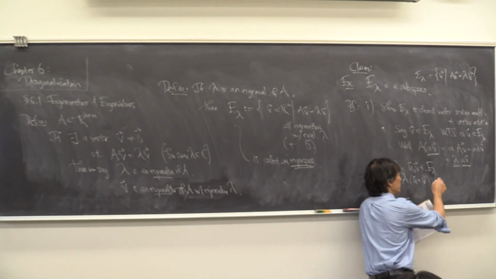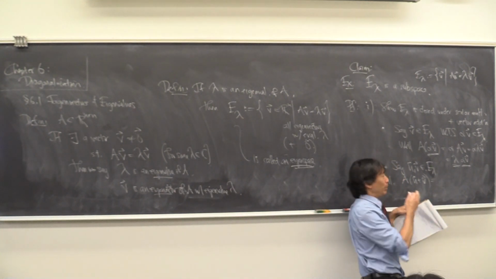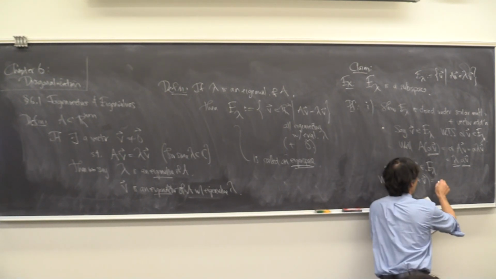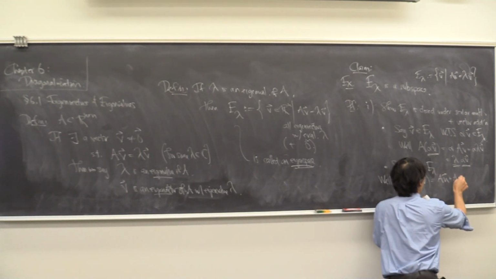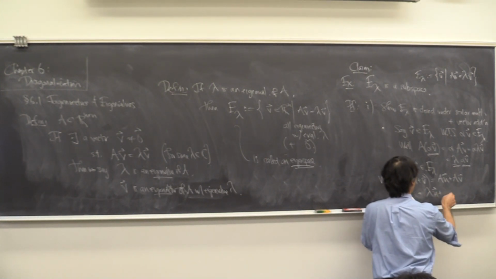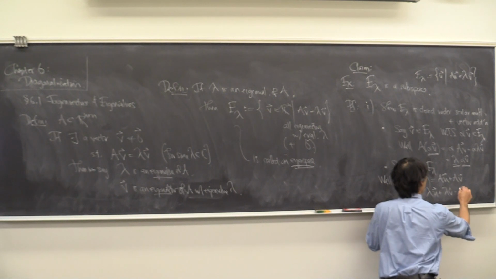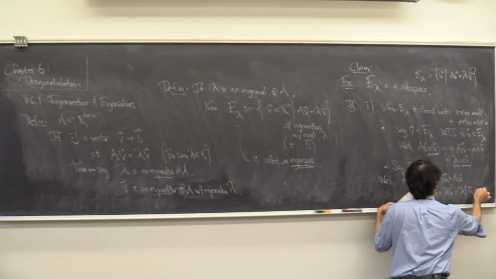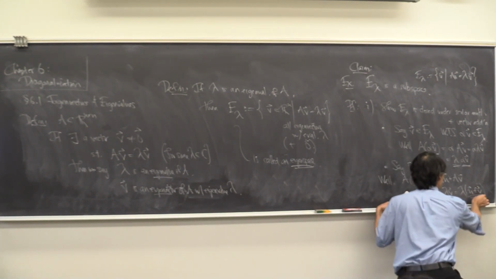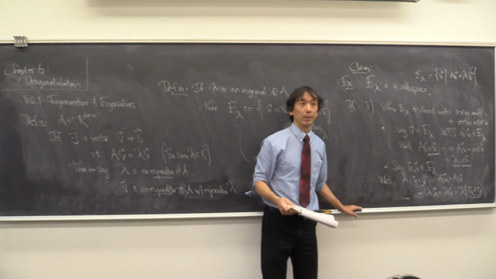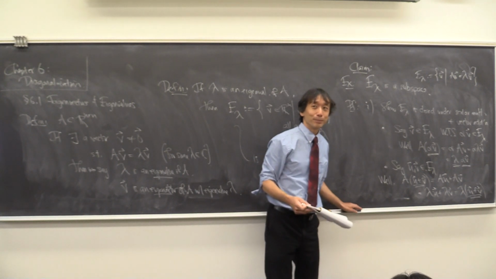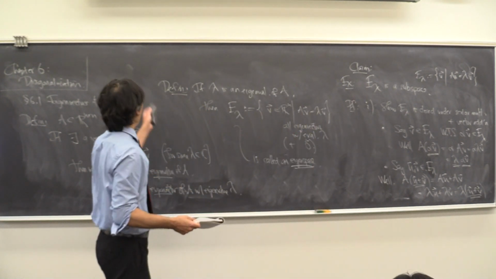This is a linear transformation, so you can pass it through: this is just AU plus AV. But each of these is an eigenvector, so we get lambda U plus lambda V. Distribute out, you can always distribute, and you get lambda of the sum. So A times the sum is just the stretched sum. So that's one proof.